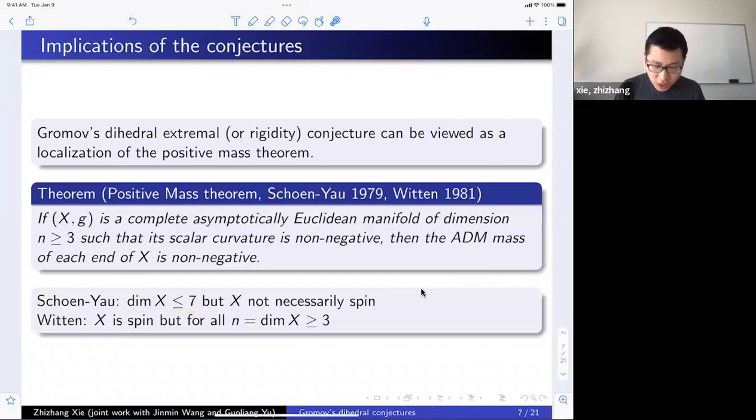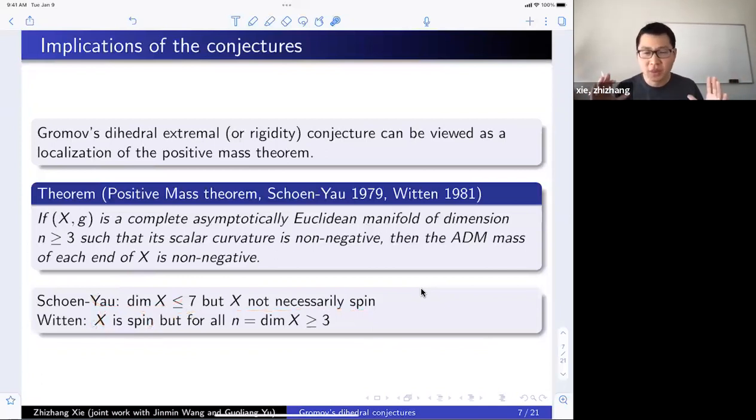So that's the positive mass theorem in dimension less than or equal to 7. This was proven by Schoen–Yau without assuming X to be spin. But if you assume X is spin, then Witten has a method, a Dirac method. Schoen–Yau's method is the minimal surface method, and Witten's method is the Dirac method. It does require X to be spin, but it works for any dimension.